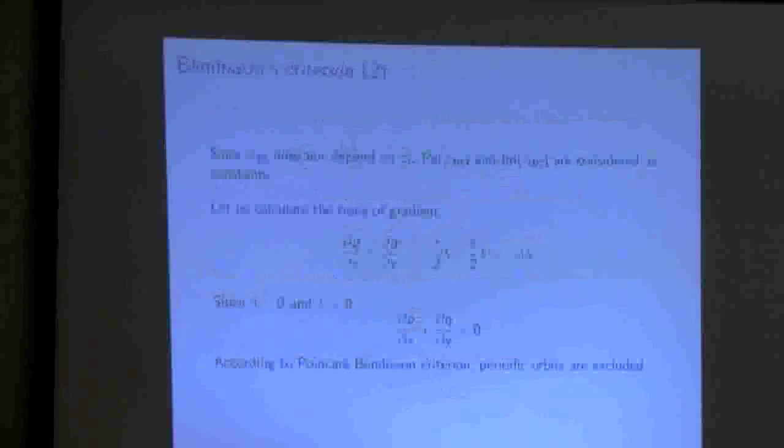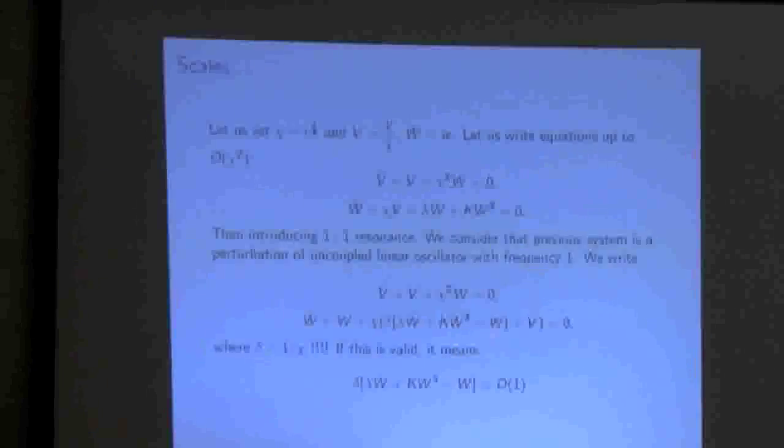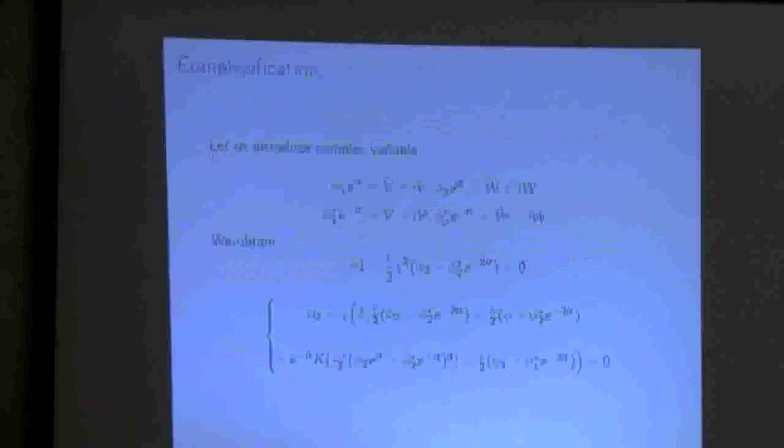If you remember, the modulus of phi 2 is associated to the basic energy for the W variable. It is similar for the capital V variable, and if you go back to what it means, after rescaling, V is the amplitude of the center of mass, and W is the amplitude of relative displacement.